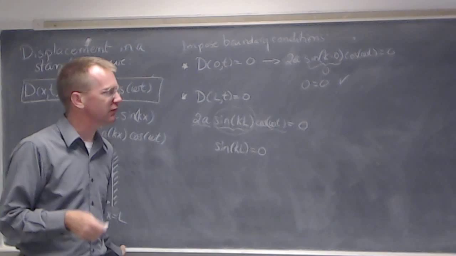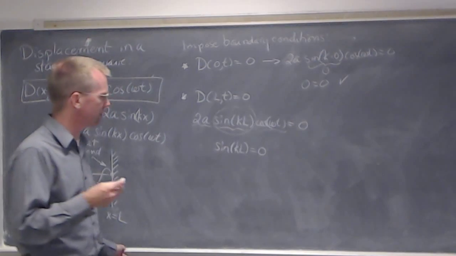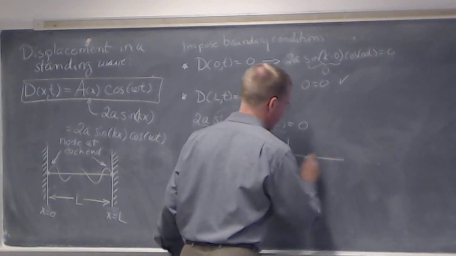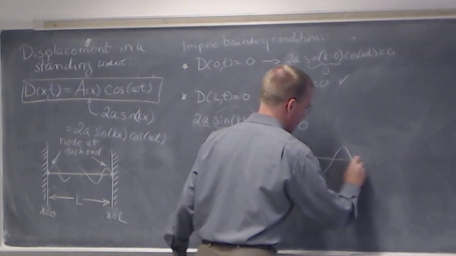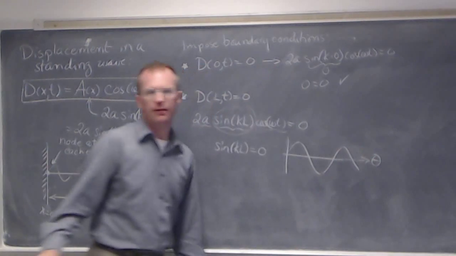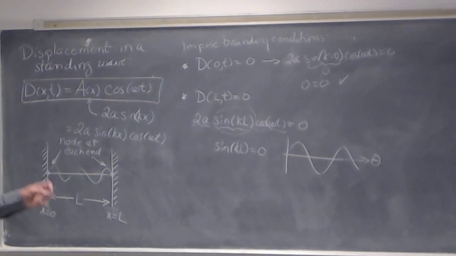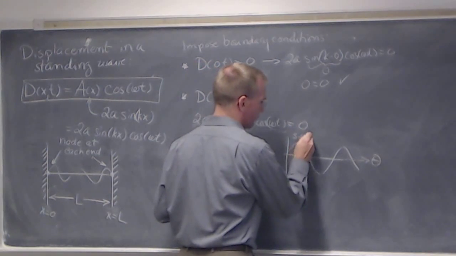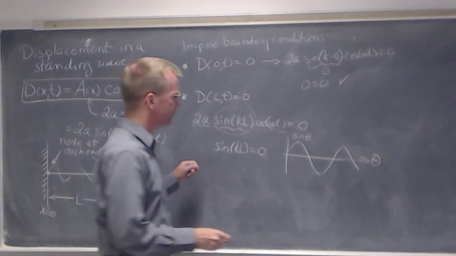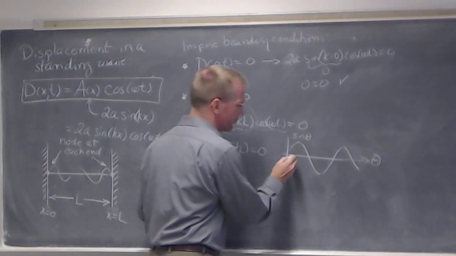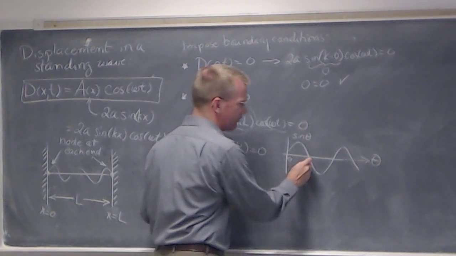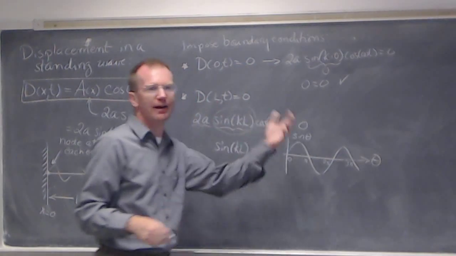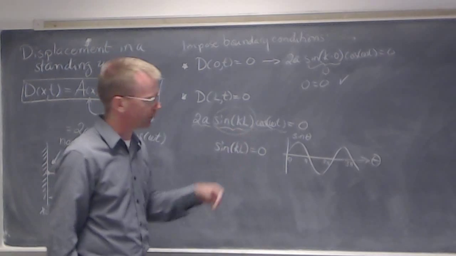Now we do just like we did when we first found where the nodes were in a general case. If I graph out here sine as a function of theta, the generalized phase, the most general way of writing the phase, where is sine of anything equal to 0? Well, at theta equals 0, pi, 2 pi, 3 pi, integer values of pi, plus, minus, and 0.